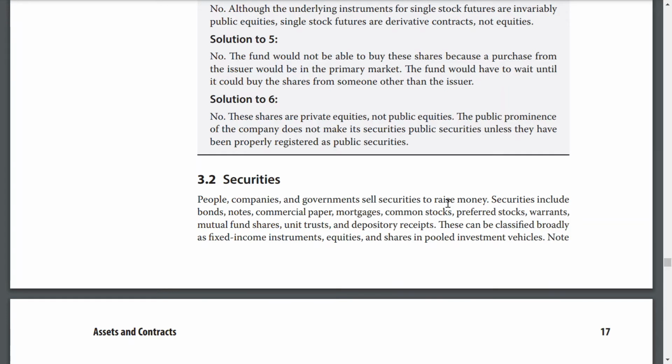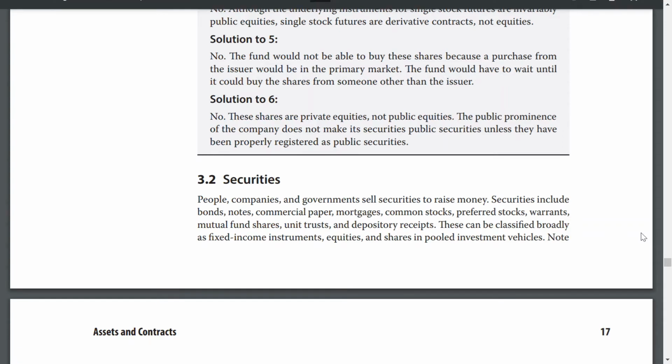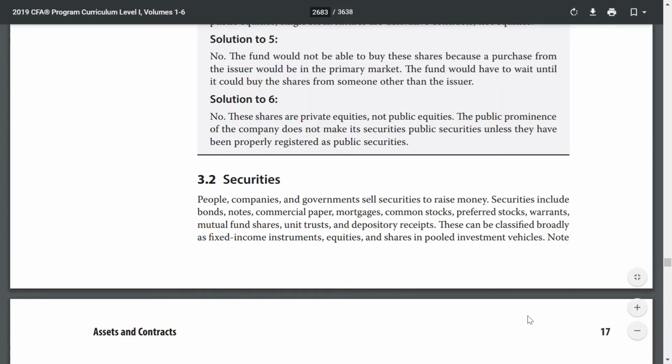3.2, Securities. People, companies, and governments sell securities to raise money. Securities include bonds, notes, commercial papers, mortgages, common stock, preferred stock, warrants, mutual fund shares, unit trusts, and depository receipts. These can be classified broadly as fixed income instruments, equities, and shares in pooled investment vehicles.